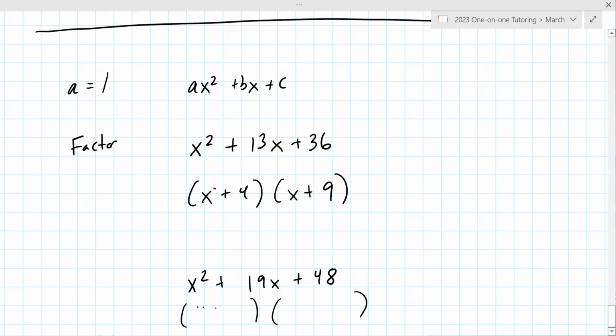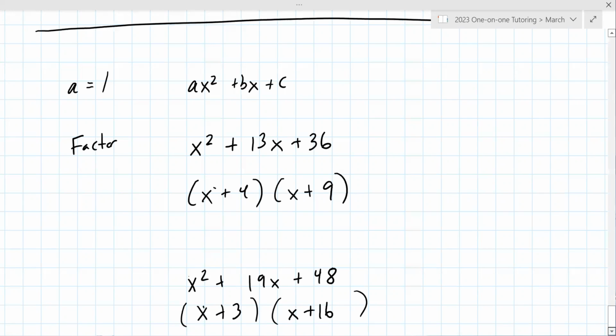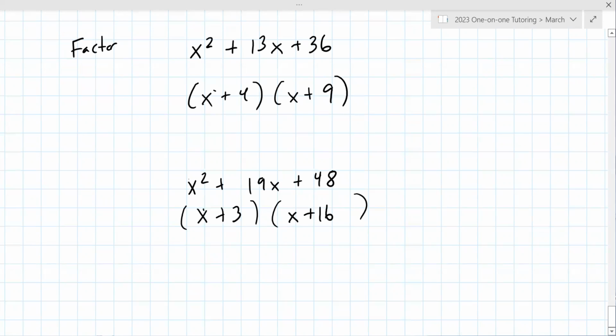Yes. So what would go in parentheses? X plus 3, x plus 16. Yes, very good. So I call within this type, these are the ones where they're both positive.